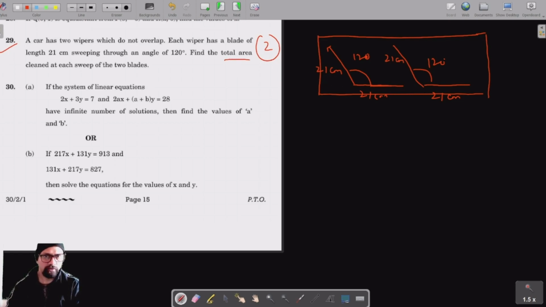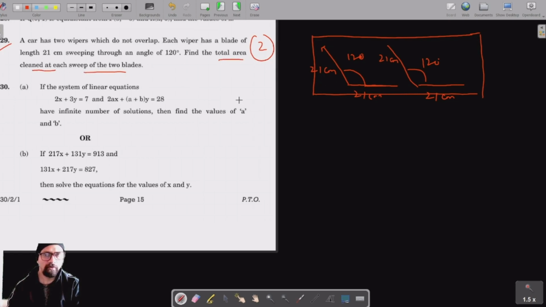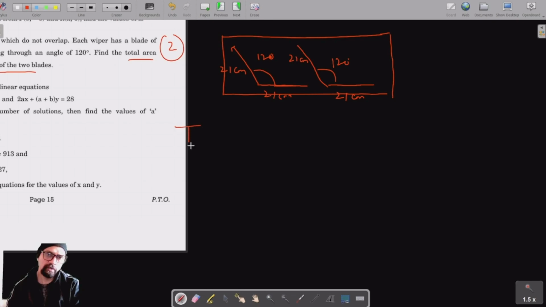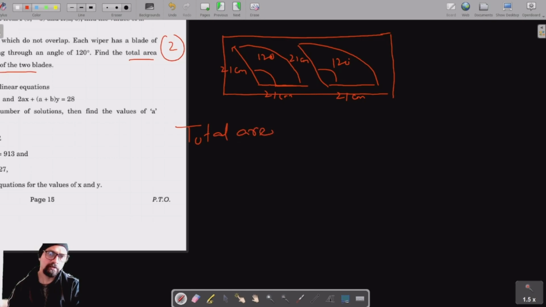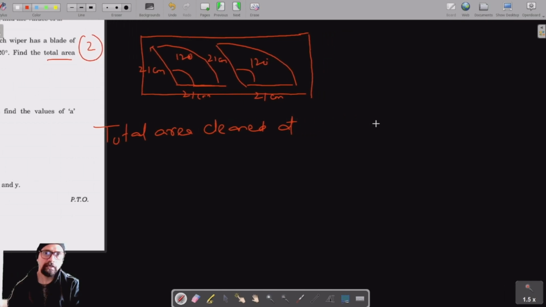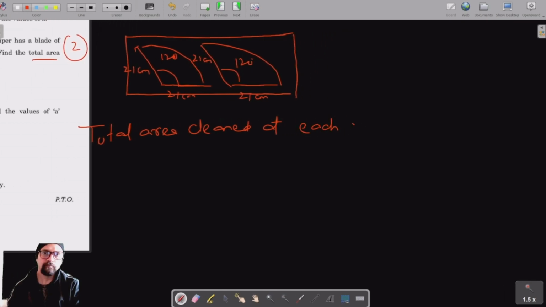So we have to find the total area cleaned at each sweep of the two blades. There are two blades, and the area cleaned is in the form of a sector.